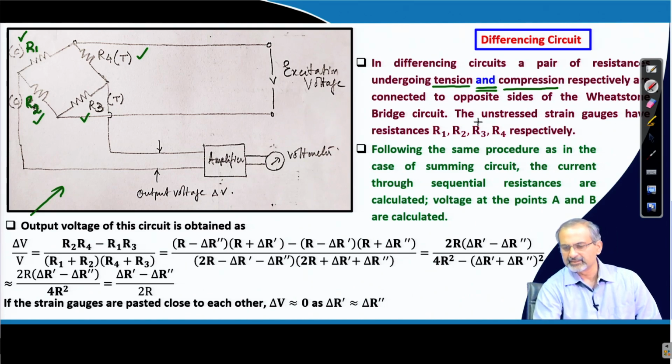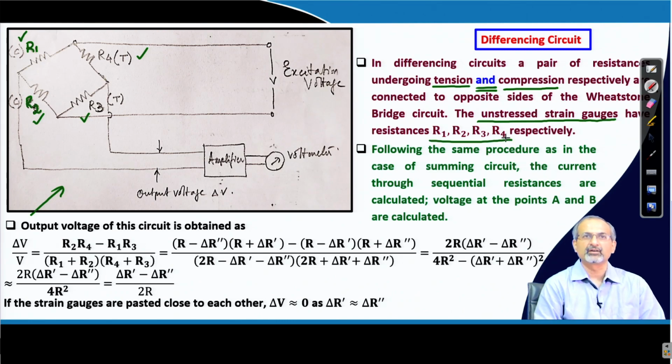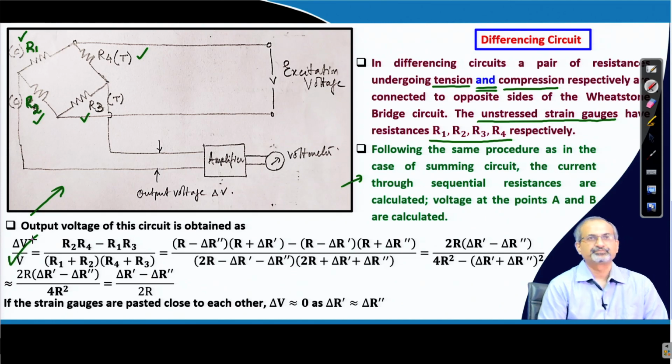Again, let us say the unstressed strain gauge resistances are R1, R2, R3, R4 respectively, and we follow essentially the same procedure as we did for the summing circuit. We calculate the current through the sequential resistances, then find the voltages at points A and B, then find the delta V across those two points and come to this.